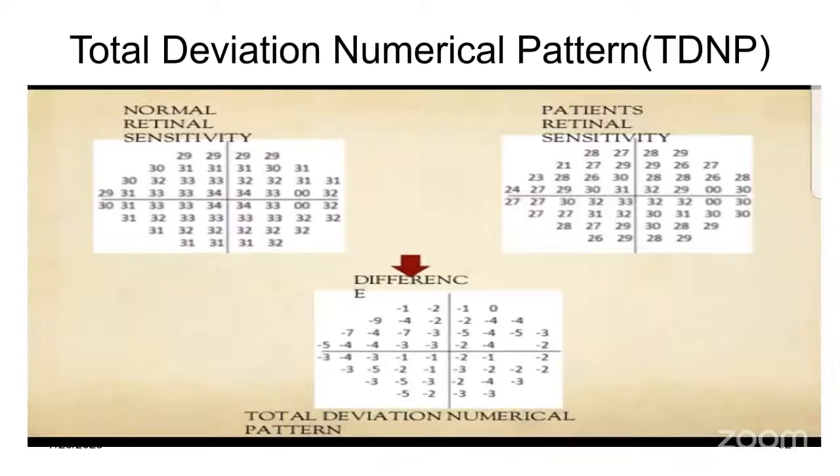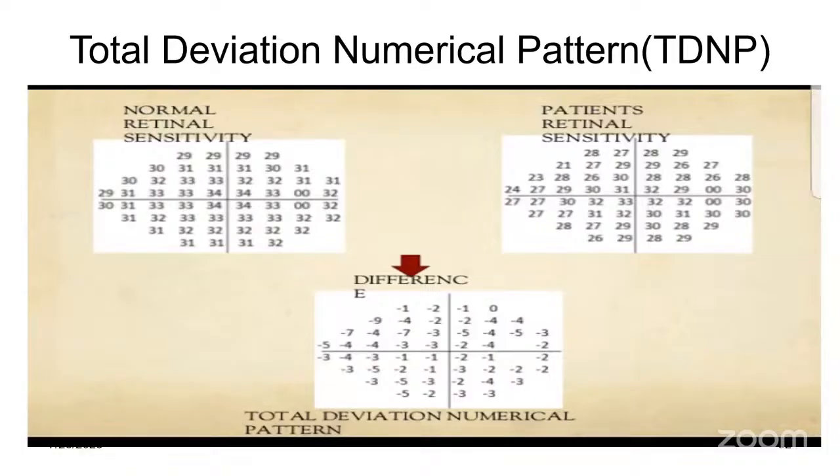Then for the total deviation numerical pattern, this is just comparing the raw data of the patient with the age control already in the machine. So for example, this is the normal retinal sensitivity for this particular patient's age group, and this is the patient's retinal sensitivity.